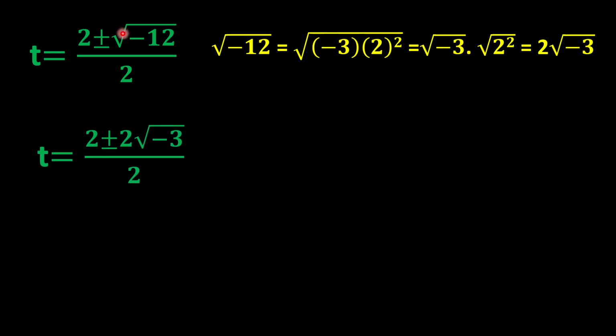So we can write this equation as 2 ± 2√(-3) divided by 2.